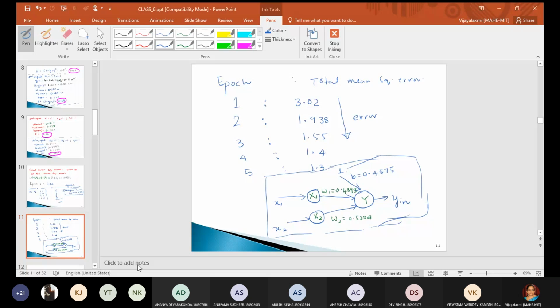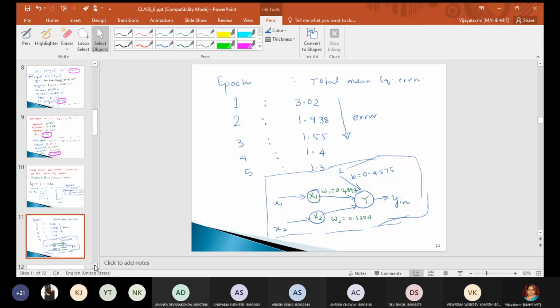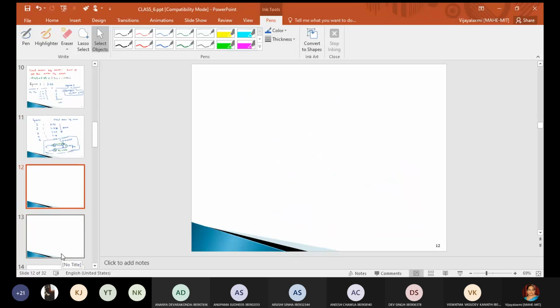Just take it down. Use the Adaline network model to train the following function.